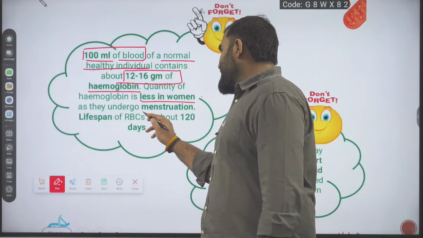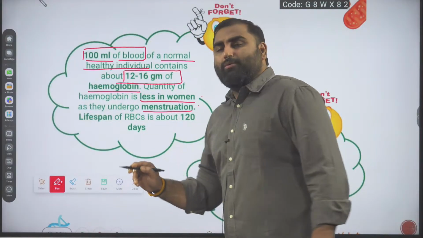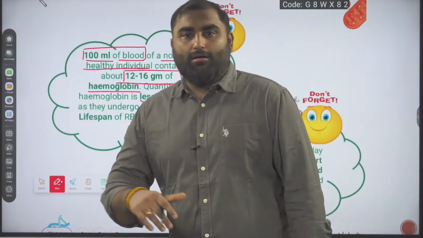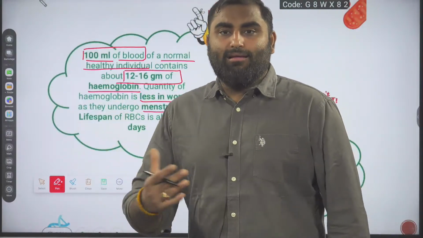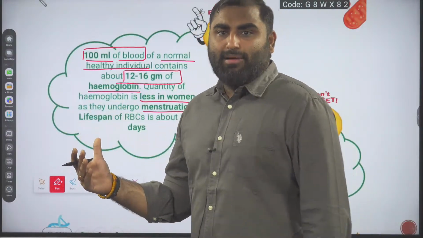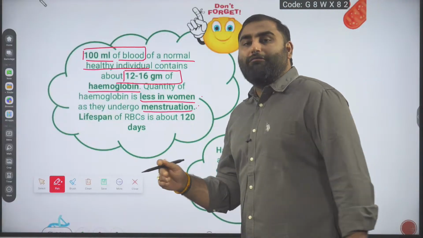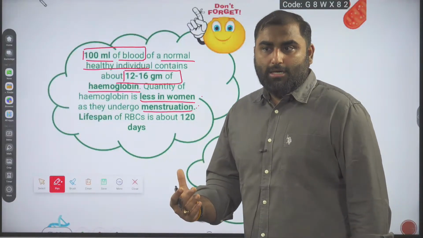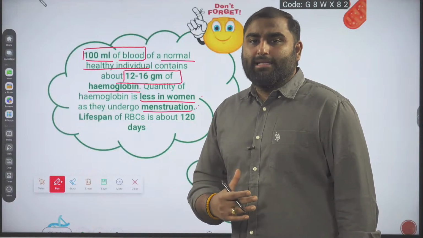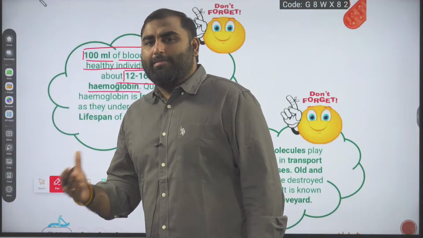In females, there is menstruation, in which there is a loss of blood every month. Even though it is a little bit of loss, still a lot of hemoglobin is lost. So you may find females mostly suffering from anemia.